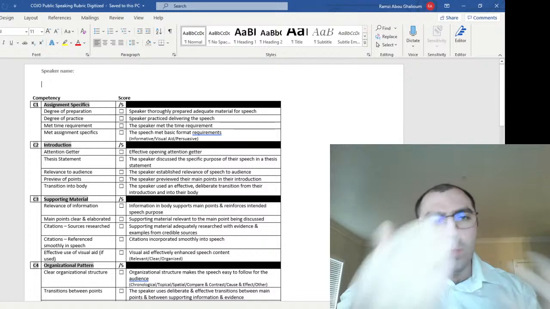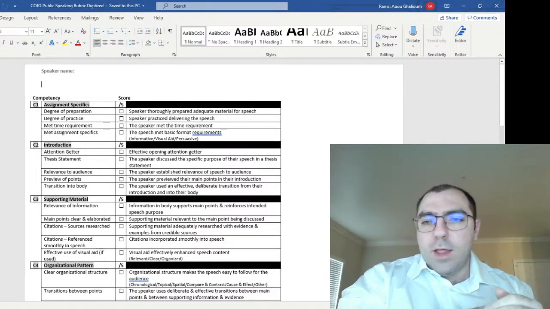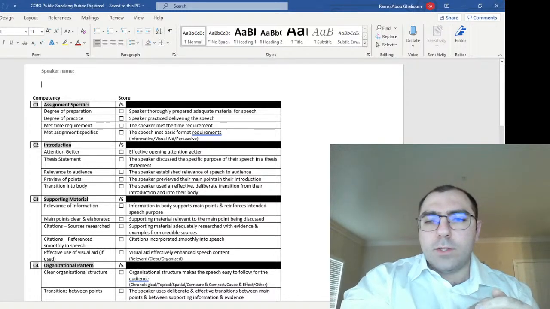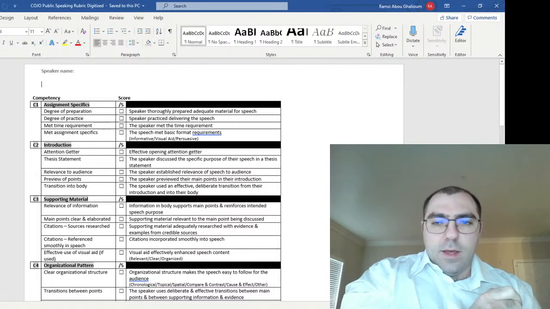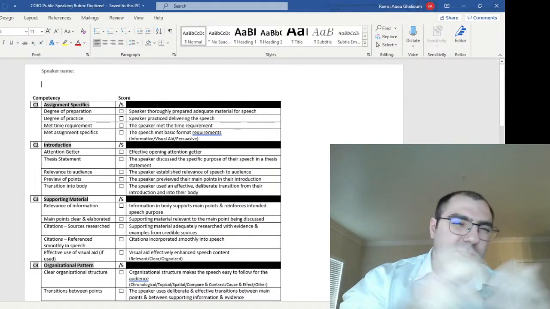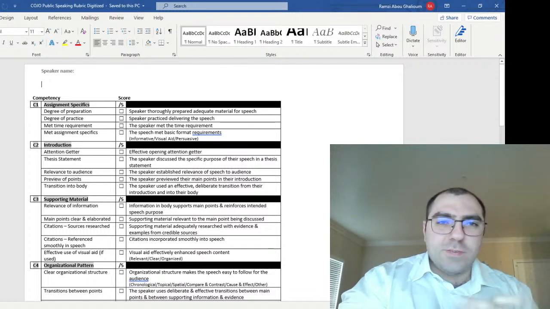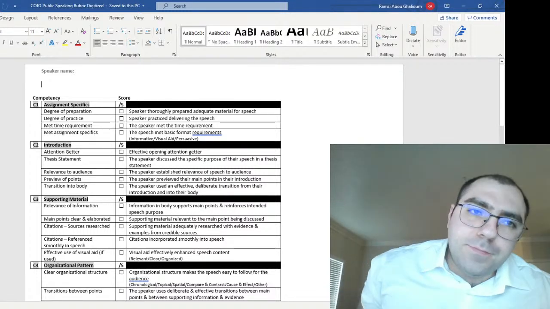What we're going to talk about today is a breakdown of the rubric. I'm not going to go into too much detail because, like I said, there is a video on the Blackboard that shows you how to do things, and it says everything that I'm going to say with regards to the rubric. But I do want to go over it just because it's nice for me to let you know what my thought process is when I grade.